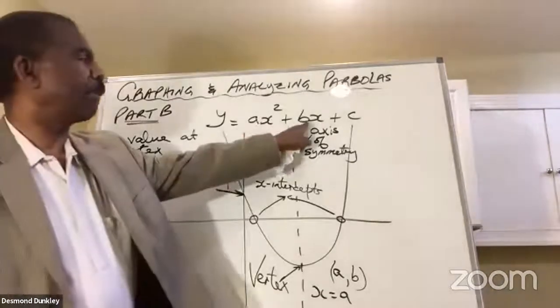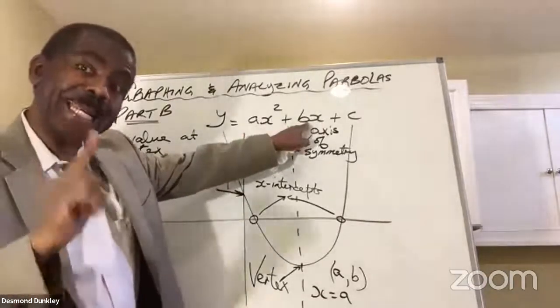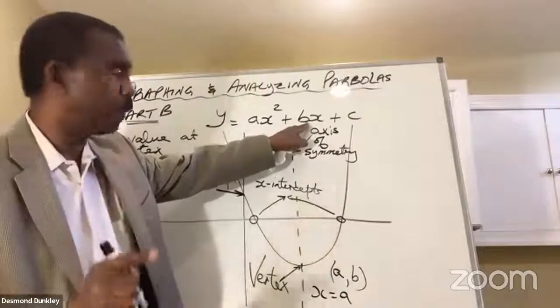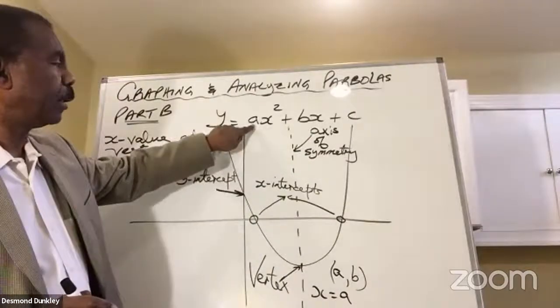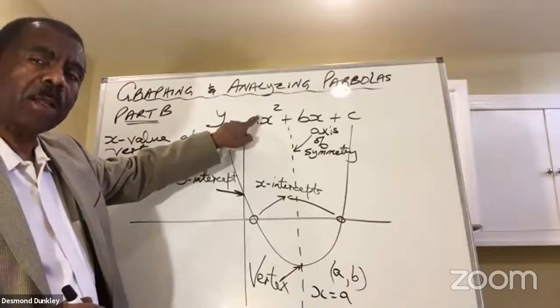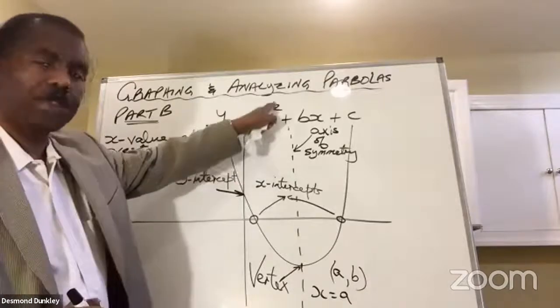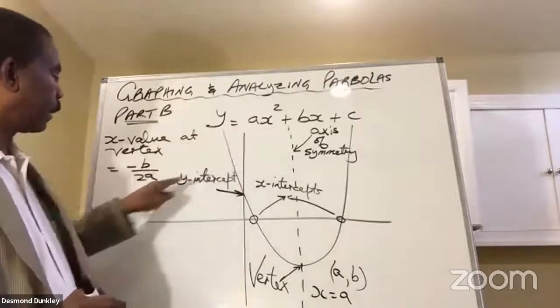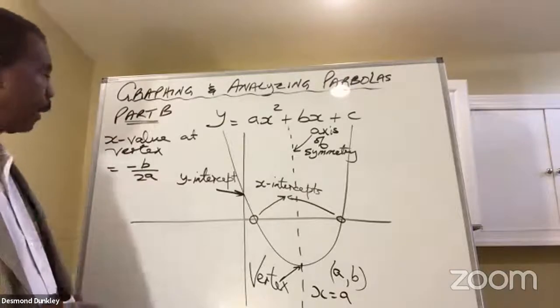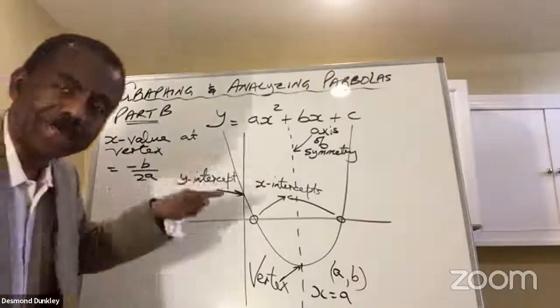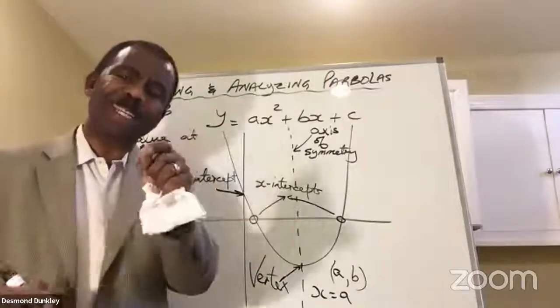So it's the negative of the coefficient of the linear term, the x term, divided by 2 times the coefficient of the quadratic term, the term with x squared. It's minus b over 2a. So that's going to give you the x value at the vertex.